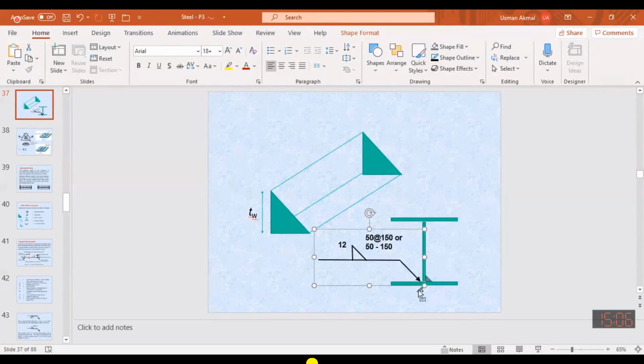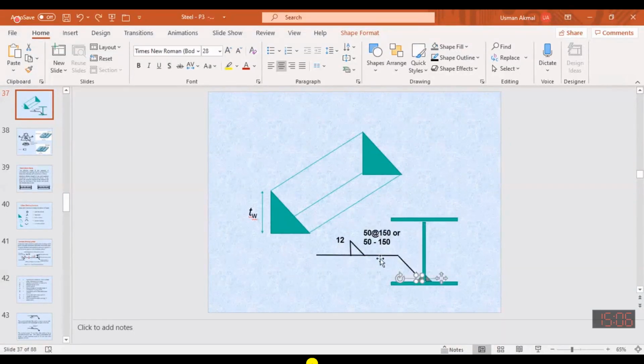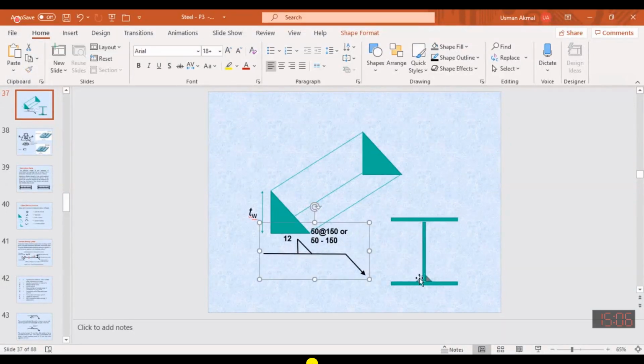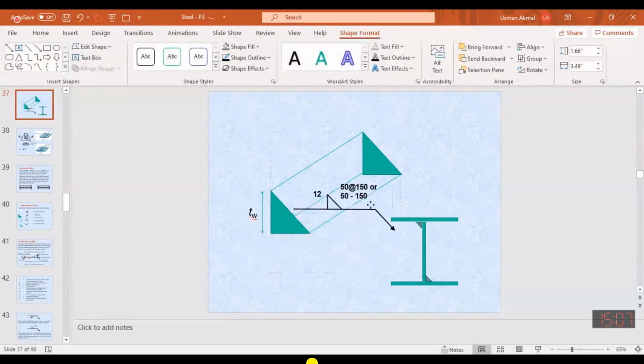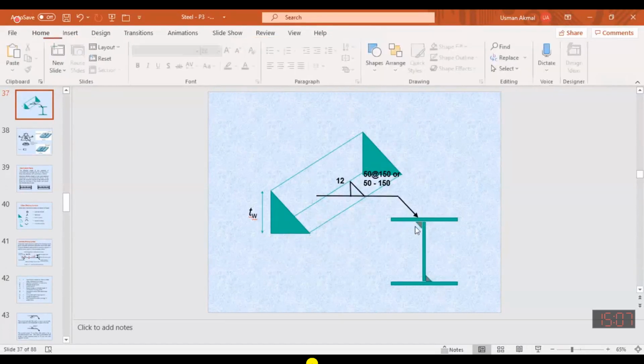This will be more appropriate if I show you from here. Yes, that is more appropriate. So here I am showing this. Actually the weld is provided on the other side of the plate.